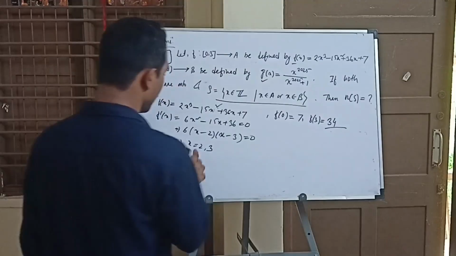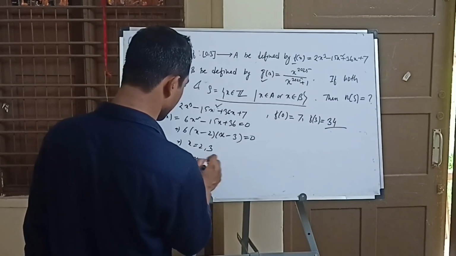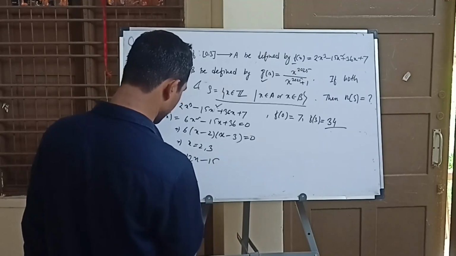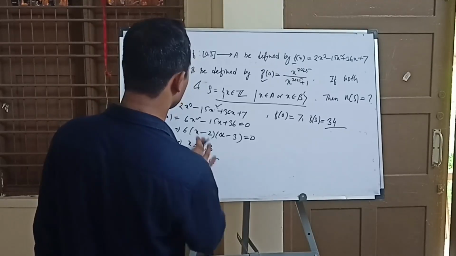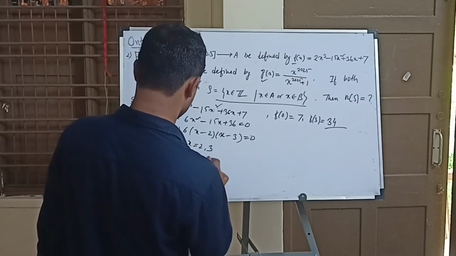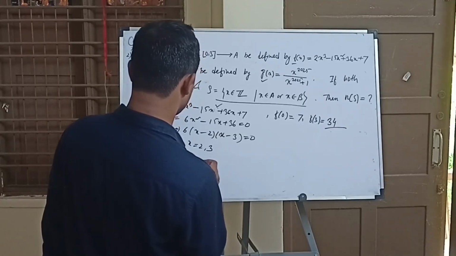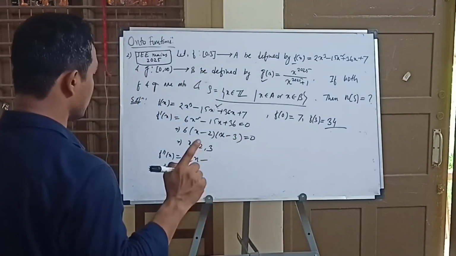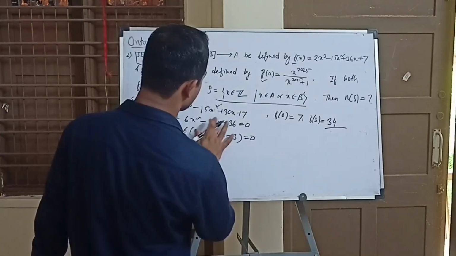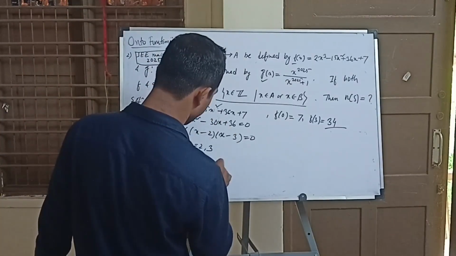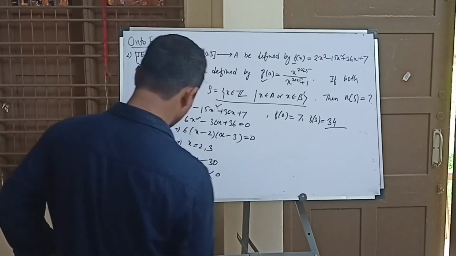So we will find the value at 2. f double dash of x will be what? 12x minus 30. f double dash of 2 is minus 6.